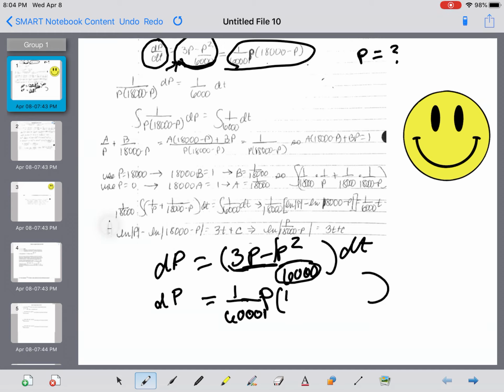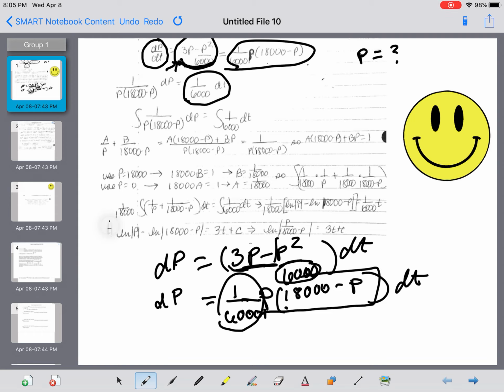And so when I do that, I get 18,000 minus p. And my dt is over here. So I'm going to leave the 1 over 6,000 on this side with the dt, and I moved p times 18,000 minus p to this side.